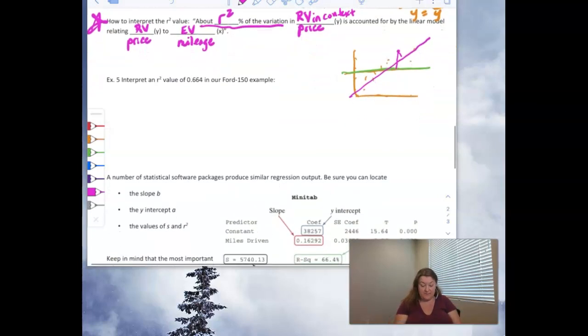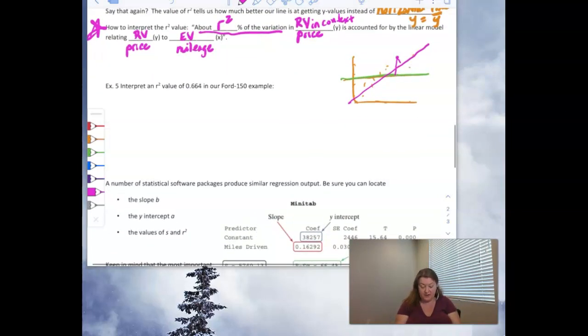So they're going to give us an example that we can practice that with. It says interpret an r squared value of 0.664 in our Ford truck example.